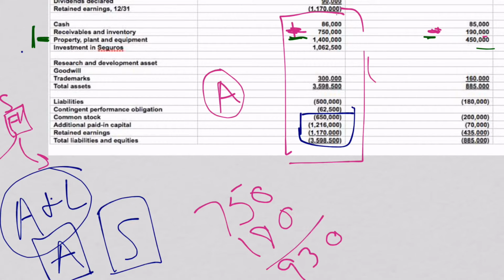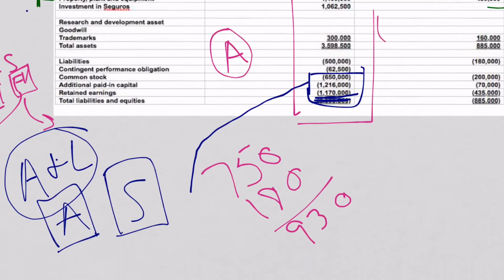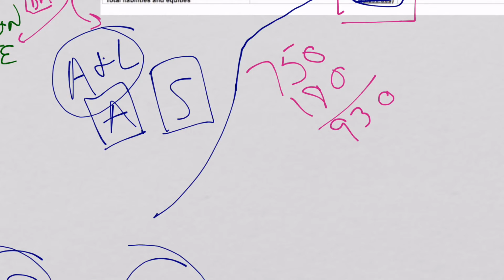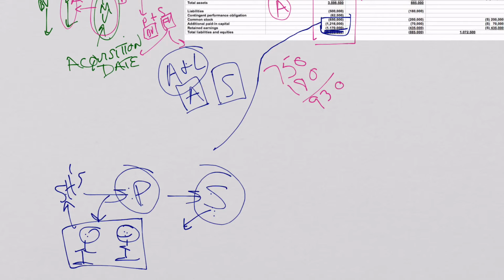That's the equity. I should draw a line there because that's the total. So this represents the holdings of these guys, the aliens that own the parent.